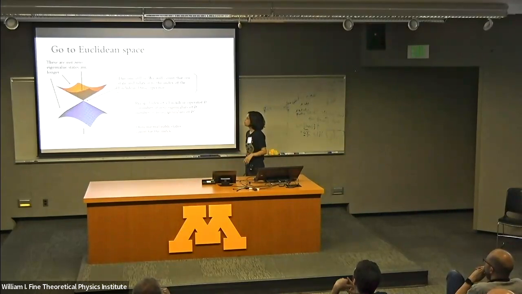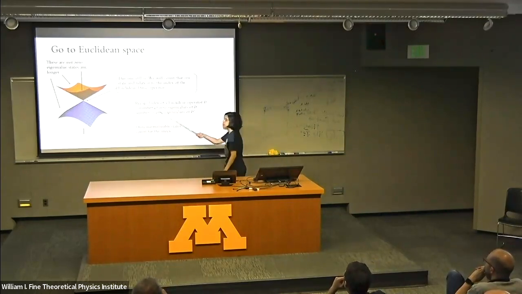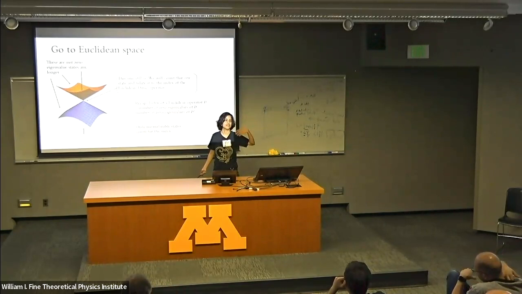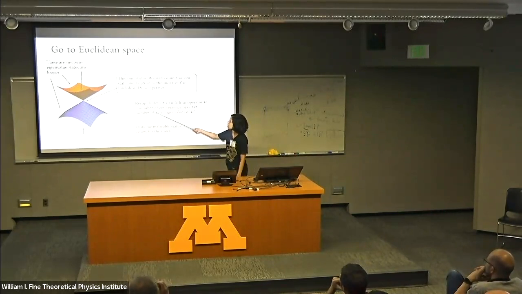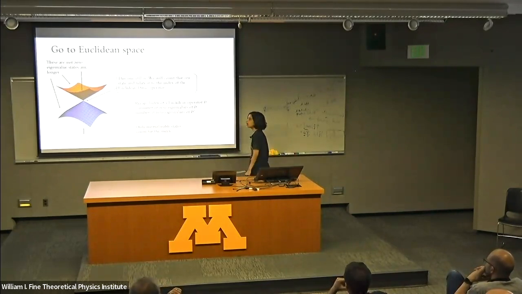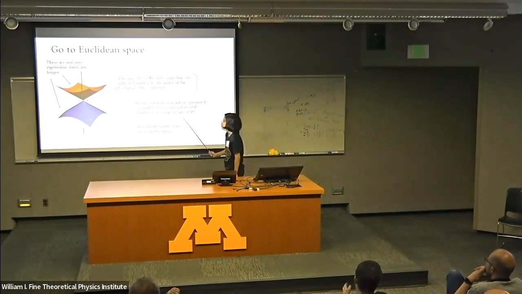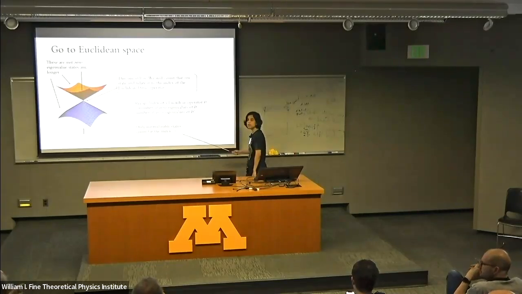So what I want to do is to take that state and relate it to the index of the Euclidean Dirac operator. I shouldn't call it the Dirac operator. Let me call it the fermion operator, the Euclidean fermion operator. Now, as you know, the index is the number of zero eigenvalues of D minus the number of zero eigenvalues of D dagger. I'm writing D star, but I really mean D dagger. However, it's only normalizable states.